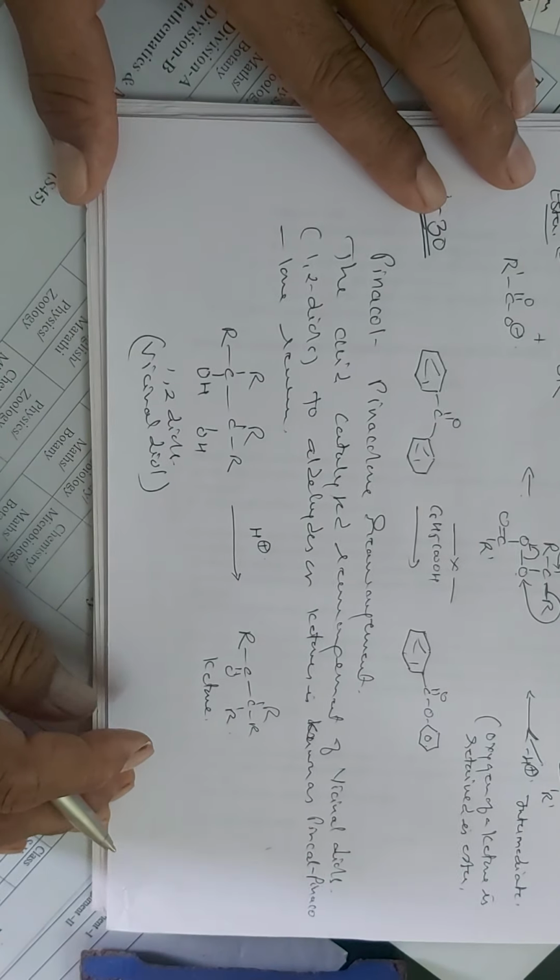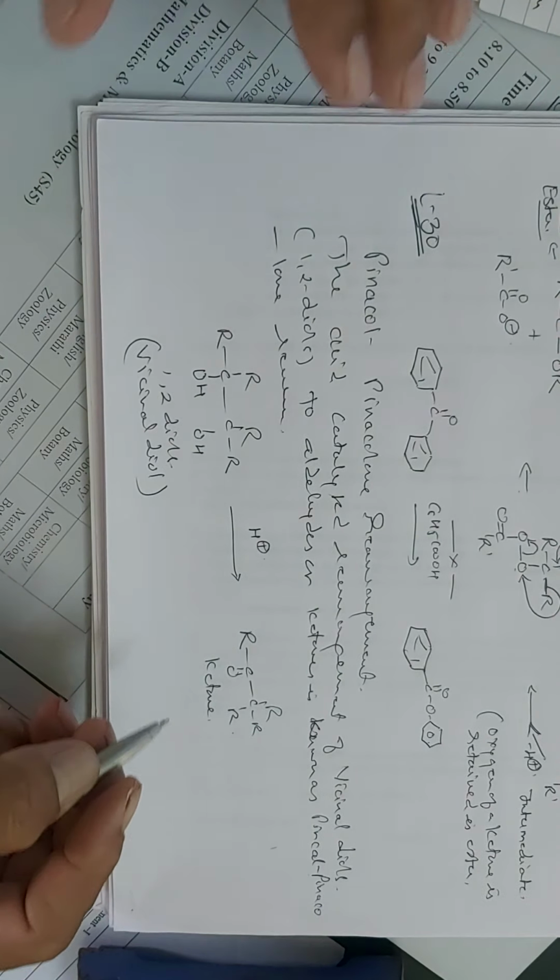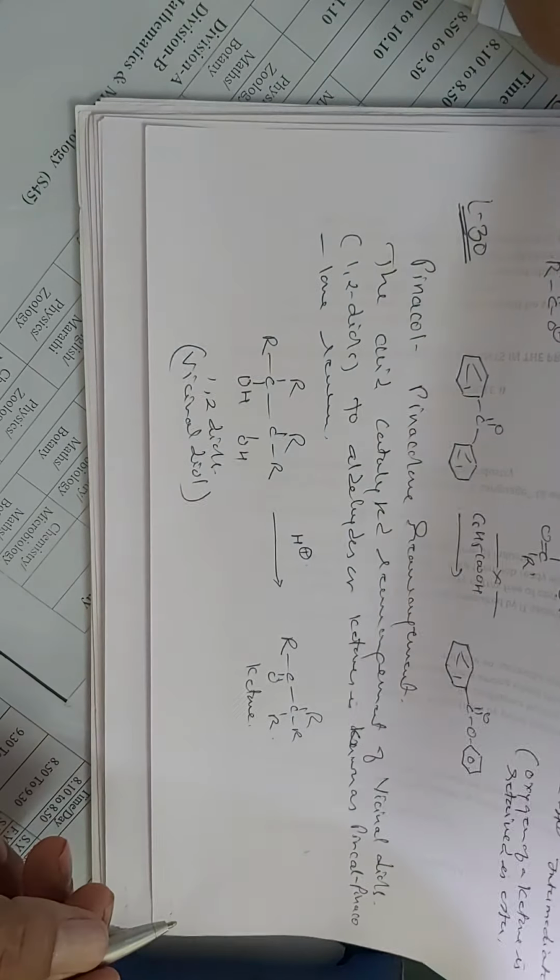This is one and the same. So the conversion of vicinal diols to ketones in presence of an acid catalyst is known as the Pinacol rearrangement. Now we will see the mechanism of this reaction.